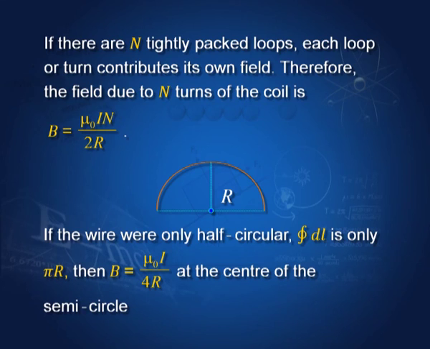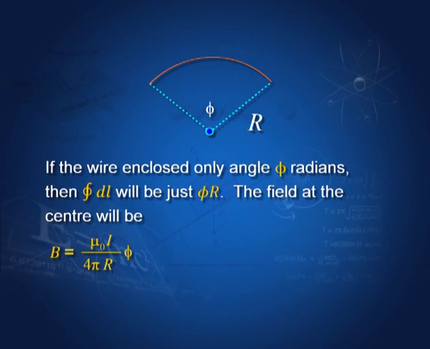If the wire encloses an angle phi, remember phi in this case must be taken in radians. For example, 60 degrees is pi by 3 radians, 90 degrees is pi by 2 radians. So, we must express phi in radians and then the integral is simply phi times r. So, the magnetic field at the center is mu 0 I by 4 pi r into phi, because phi r is the integral of d l.